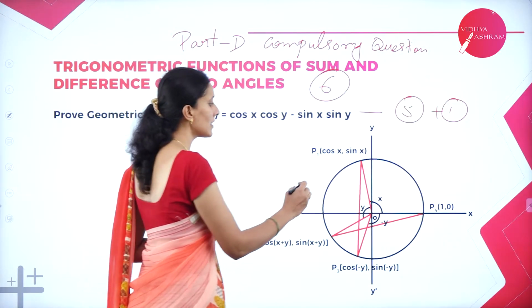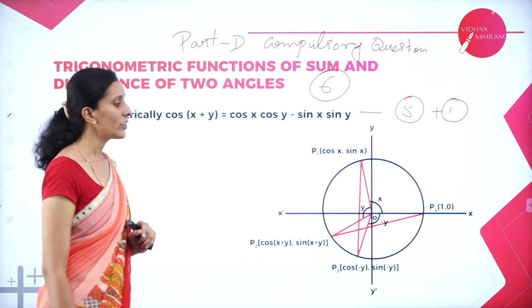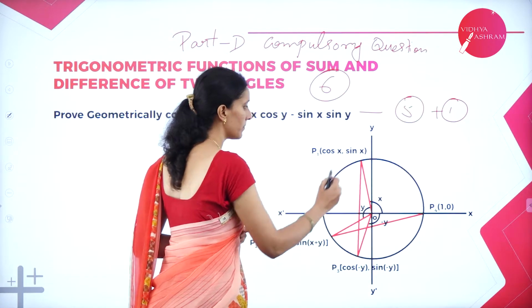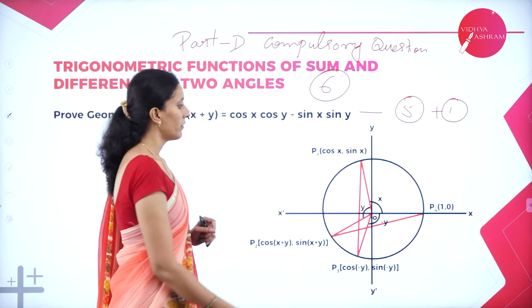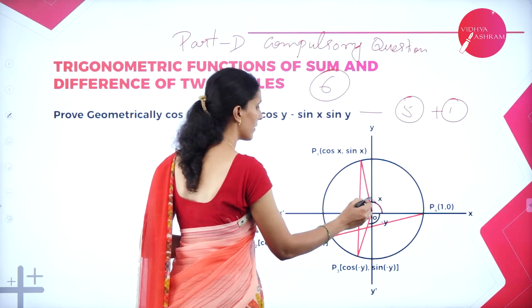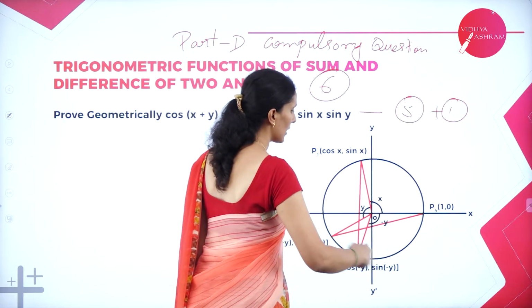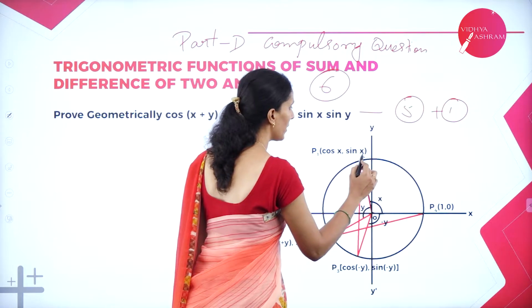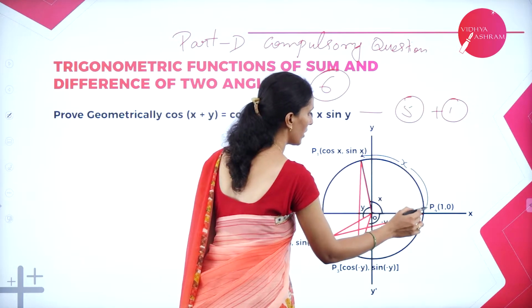Consider a unit circle. Then, we are taking an angle, that is x. Consider the unit circle. Let me take an angle x here. And what do you mean by angle x? Its radian measure is also equal to x.